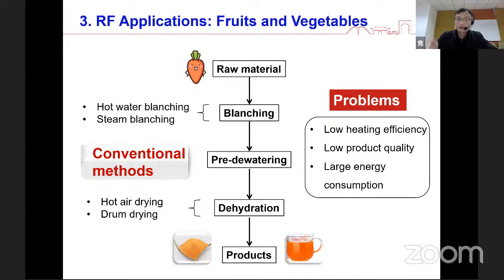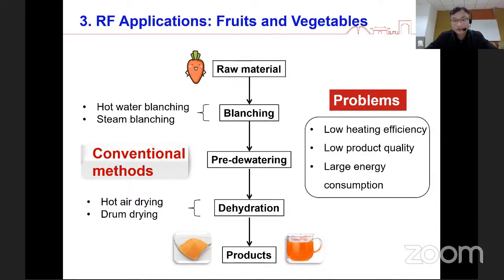We all know that when we're cutting or slicing fruits and vegetables, we do the blanching treatment first to maintain the color and the texture, right? So generally we use the hot water or steam blanching method, but those two methods are not very efficient and would cause a lot of waste of water. So what we really want is to try using RF heating to do a quick dry blanching.